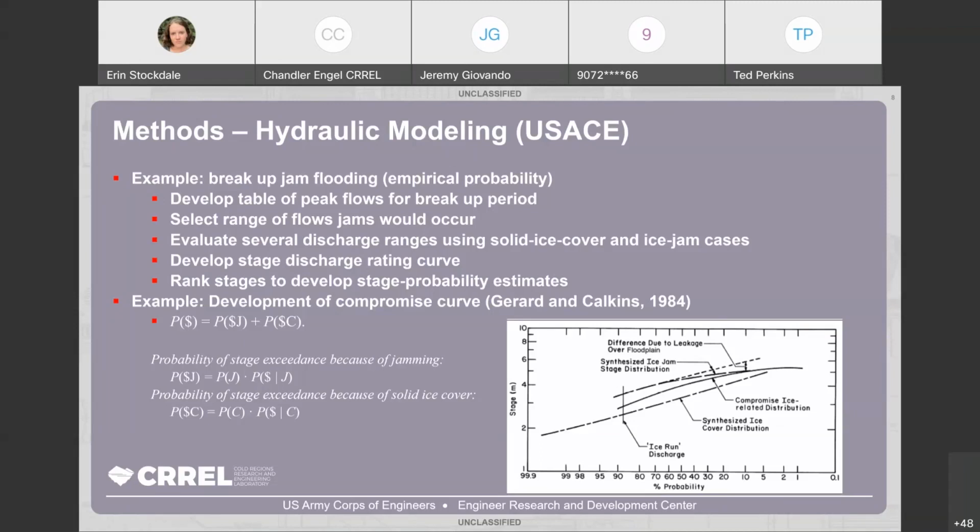This can be really important depending on exactly the mechanisms that you think may be important for your particular reach. If jams are the only thing you're concerned with and ice cover doesn't matter, well then your problem may be even a little bit simpler than what is shown here.